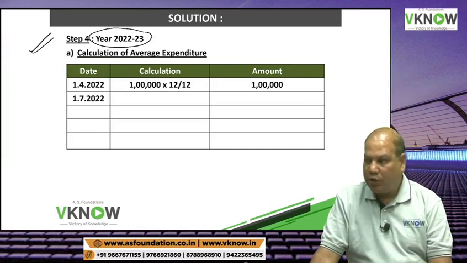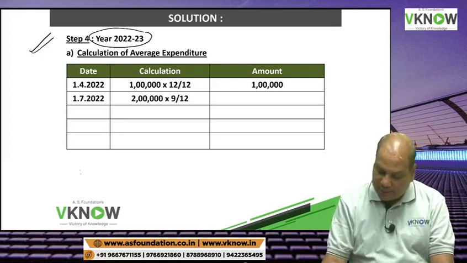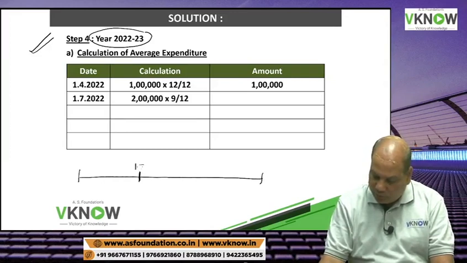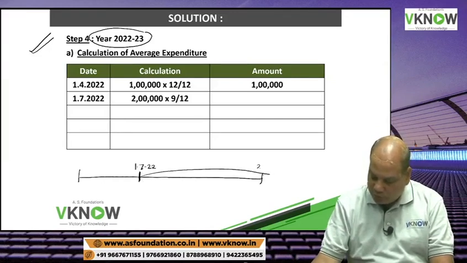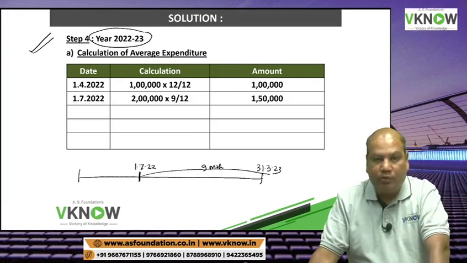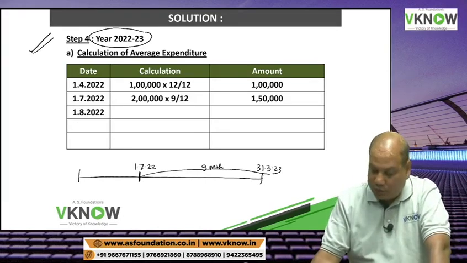On 1st July 2022, we have incurred 9 lakh. So the interest will be calculated from 1st July to 31st March 23, 9 months. So 2 lakh into 9 by 12, 1,50,000.